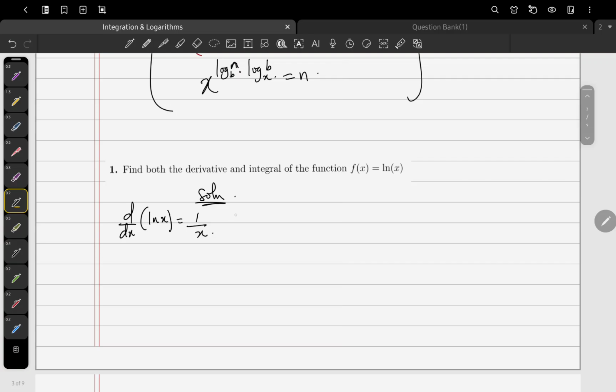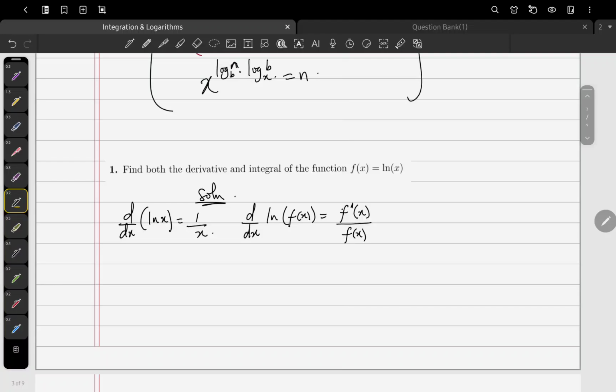Then generally, the differentiation of the natural log of a function is always equal to the derivative of the function over the function itself, and that is what works out with natural log of x. The derivative of x is 1, so we get 1 over x itself.